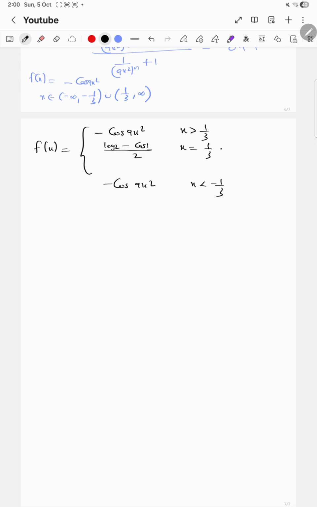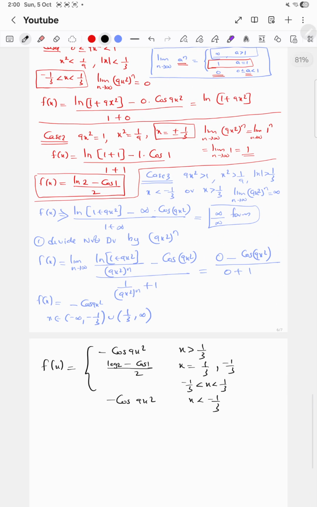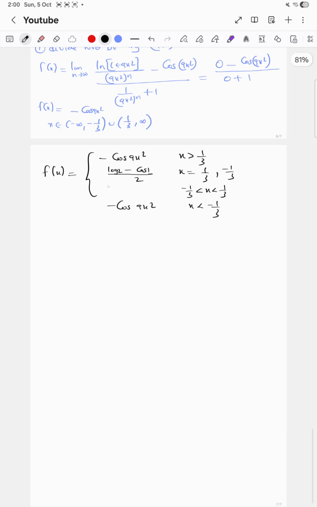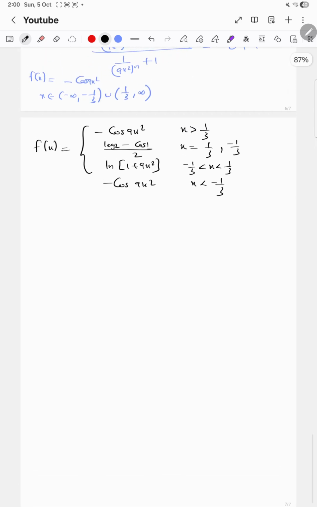So I am writing it together. Then minus 1 by 3 to 1 by 3, it is log of greatest integer 1 plus 9x square. Okay, so this is the entire function. So we got the entire function.